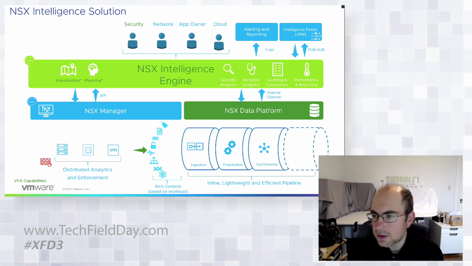So, based on the threats that you may be blocking or policy changes, what's the impact of that policy? So that's another area we're working on, which is reporting and auditing based on analytics.